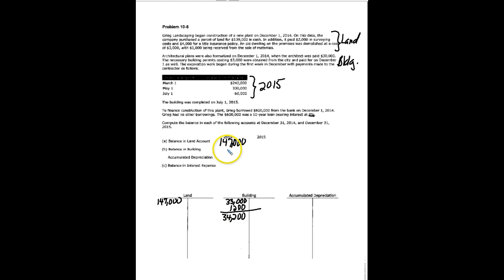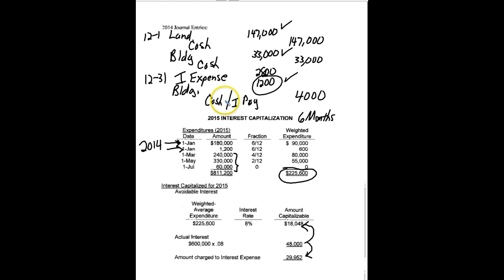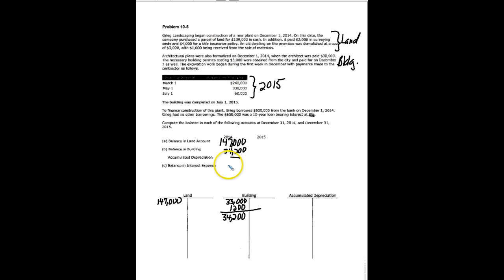The balance in the building is $34,200. We're not using the building yet, so there's no accumulated depreciation. And then interest expense, let's go look at that journal entry. We expensed $2,800. So interest expense, $2,800.